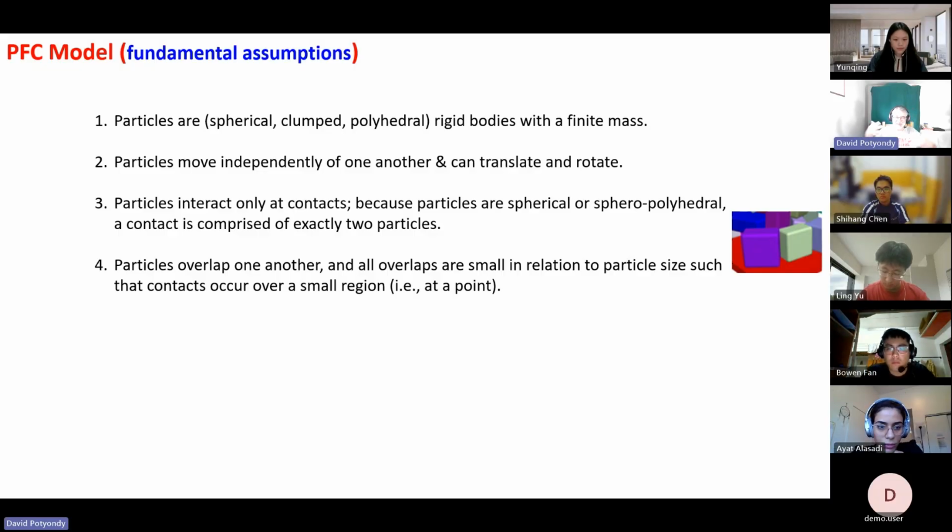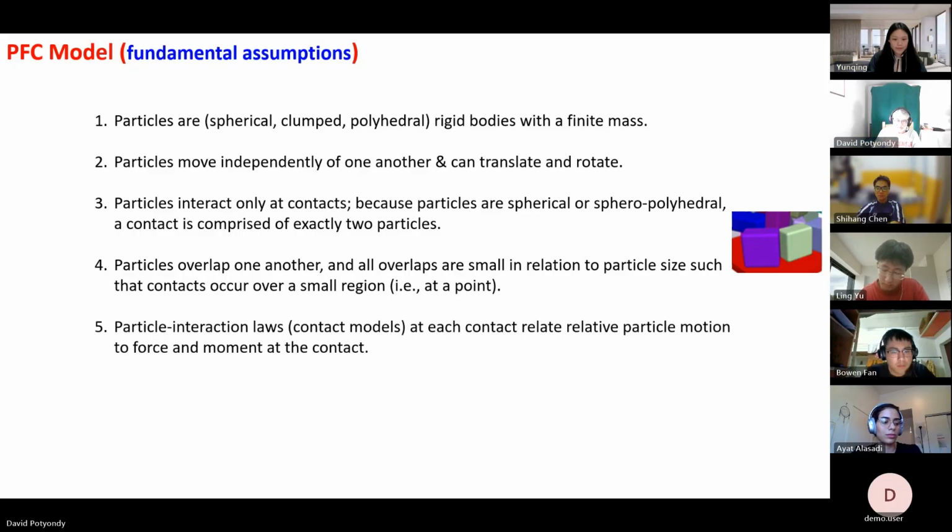Remember when I had those two cardboard discs? They overlapped, and actually there's a whole volume where they're overlapping. There's crazy complicated stuff going on there, but we're going to say whatever's going on in there all works its way down into a force and a moment at that one point. Okay. This is this idea of the contact model, right? Relative motion, update force and moment. There you go, you're done.